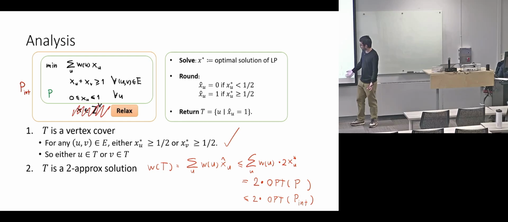And now what do we have? We have that the weight of our solution is at most twice the optimal integral solution. So it gives you a 2 approximation. Make sense?